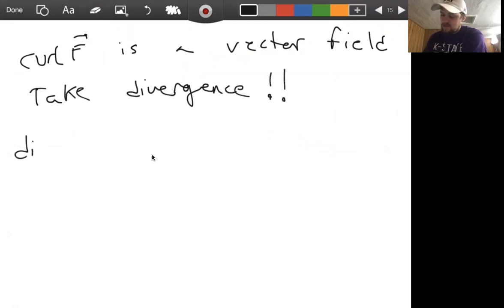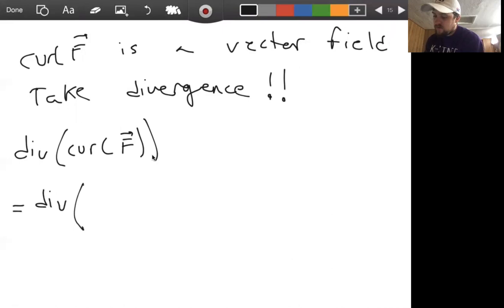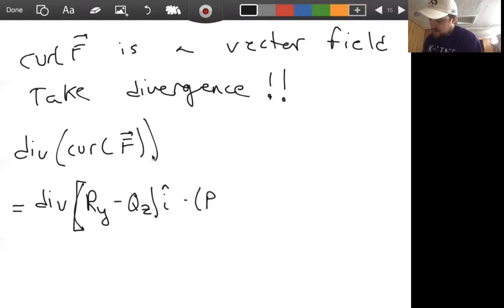Let's calculate the divergence of the curl of F, right? Well, this is going to be the divergence of, let's just use the long-winded definition of curl here, and I'll use our subscript notation. So it's (Ry minus Qz) i hat minus (Pz minus Rx) j hat, right?